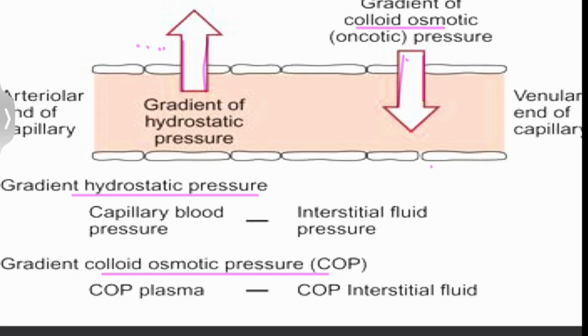Whatever is remaining in the interstitial space will be moving via the lymphatics. Hope this point is clear. That is the osmotic pressure and the hydrostatic pressure, which is what maintains the fluid inside the various fluid compartments.